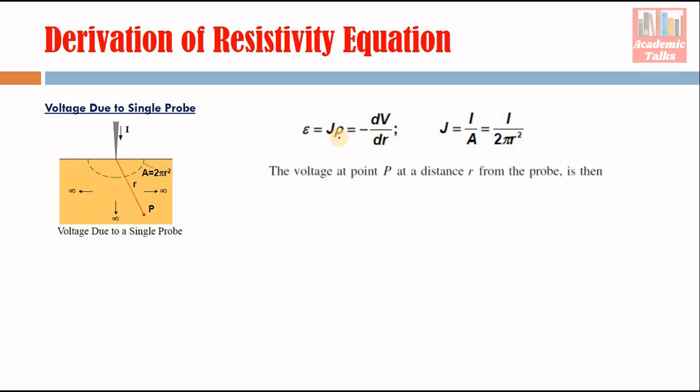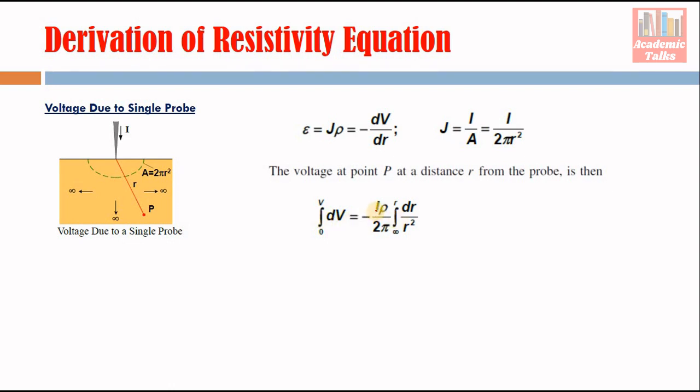So the voltage at any point P at distance r from the probe is given by a relationship like this. Both sides are integrated, and J is replaced by I by 2 pi r square. Then dr goes to the other side, and since we are integrating over these limits, by integration we can find V, right?